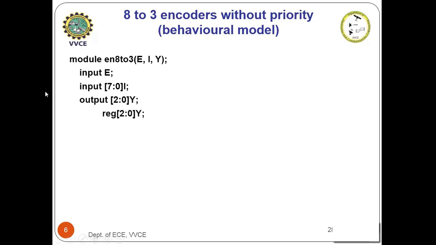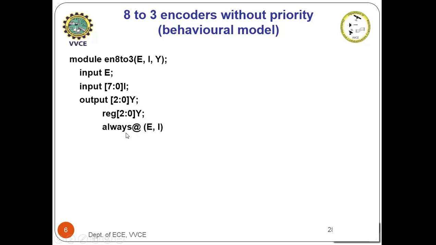Then output is Y, array of 3 elements. As I'm using Y in a behavioral logic, that is inside a case statement, it is necessary that Y has to be declared as a register. So this Y, I'll be declaring as output as well as register.